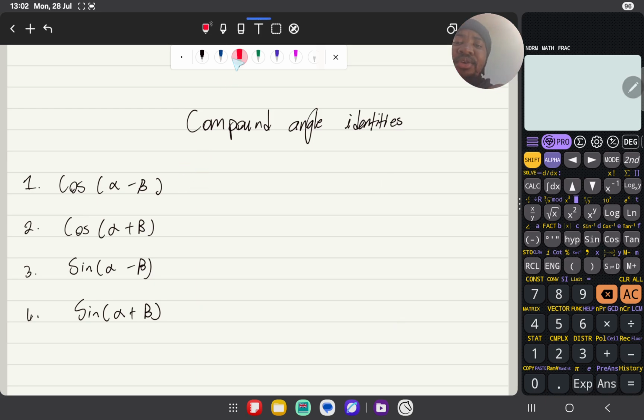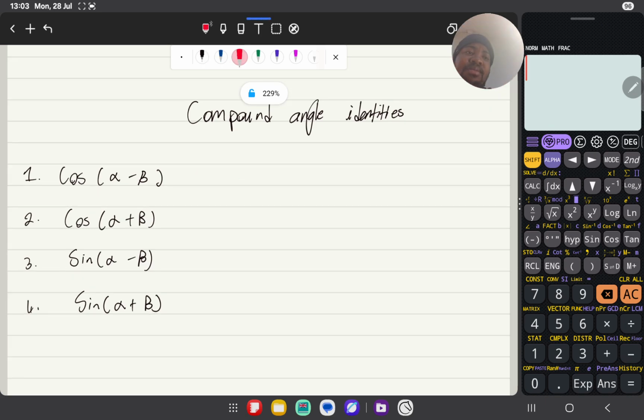Here's how I used to remember them, because sometimes when you are writing it can be challenging to remember these things, and you can easily forget. For cos, the sign changes, and for sine, the sign stays the same.